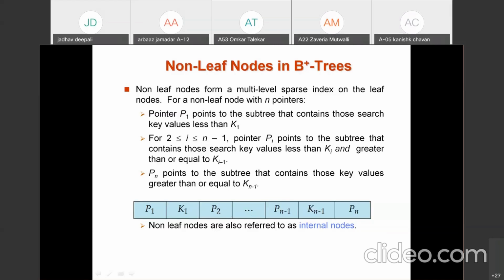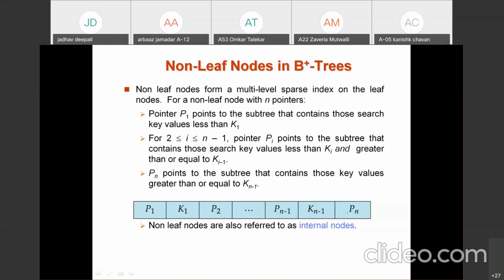In general, pointer Pi points to the subtree that contains those search key values which are less than Ki and greater than or equal to Ki minus 1.